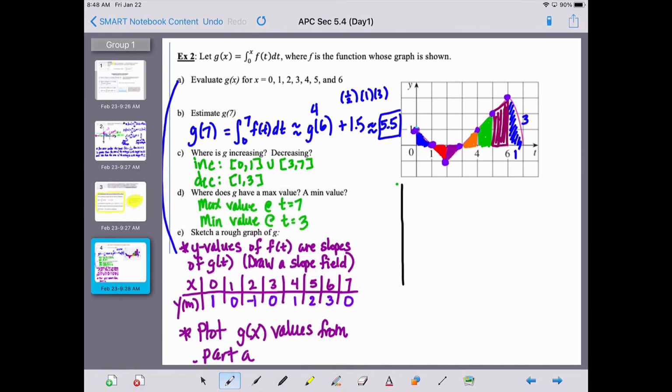So I will put my axis right here. So 1, 2, 3, 4, 5, 6, and 7.